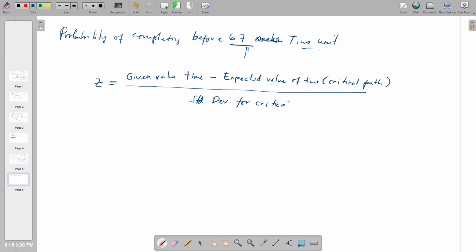Now you have to pay attention and don't make mistakes. This is from what we calculated before from the critical path.